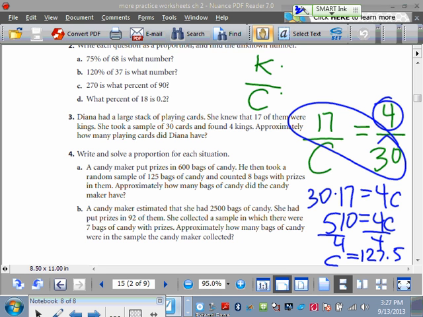Now again, the question asks for approximately how many playing cards. So we need to round, and because we can't have parts of a card, we know that we need to round up or down to the nearest whole number. When we look at the number after the decimal, it's 5, so we round up. So she has about 128 cards.